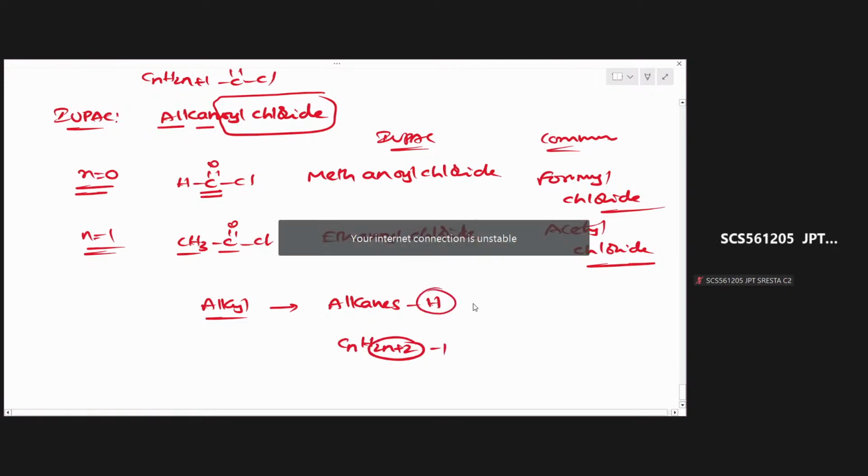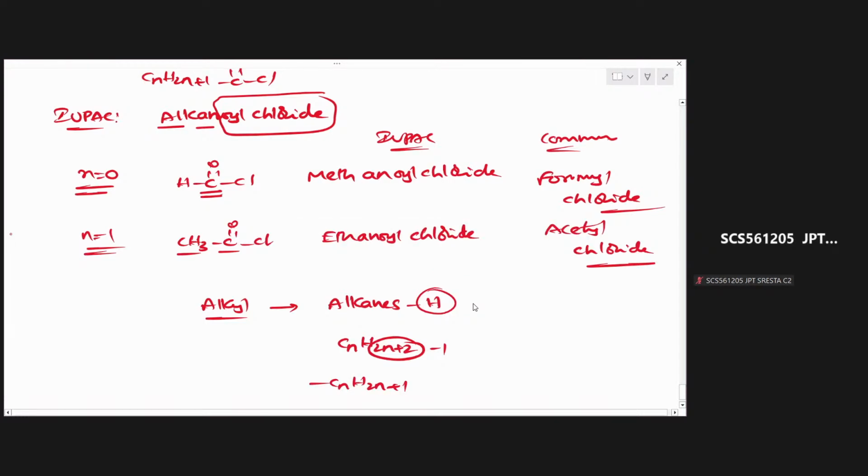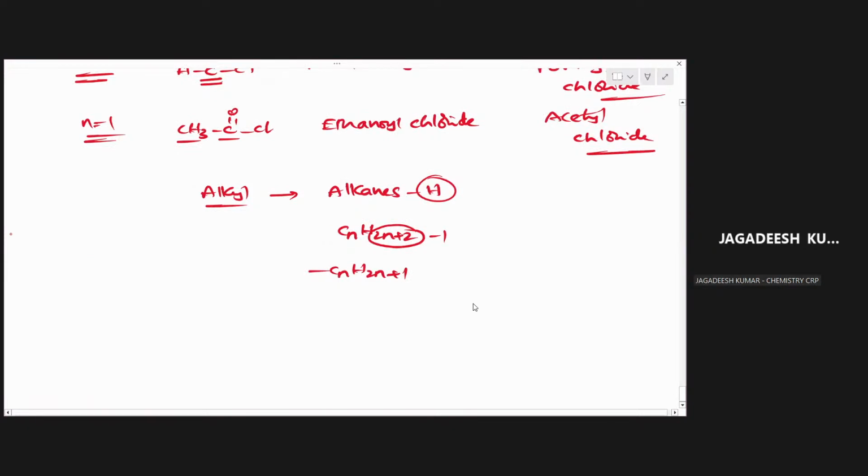From this we have to remove one hydrogen. So what we are getting is CnH2n+1. But you have to keep one bond, because we are removing one hydrogen, which means one position is vacant. From the carbon we are removing one hydrogen. In place of the hydrogen, any other substituent may come. So this is called alkyl. Clarity? Yes, sir. Next.